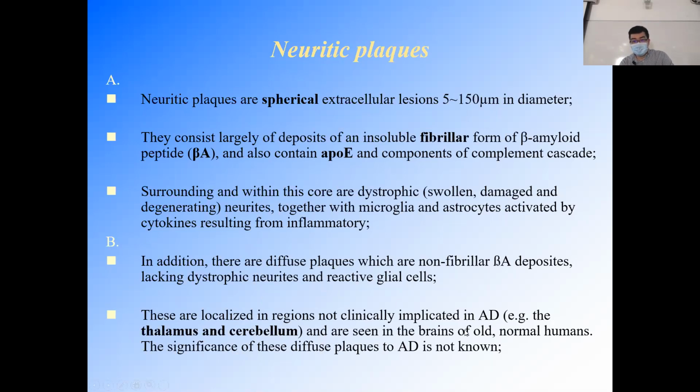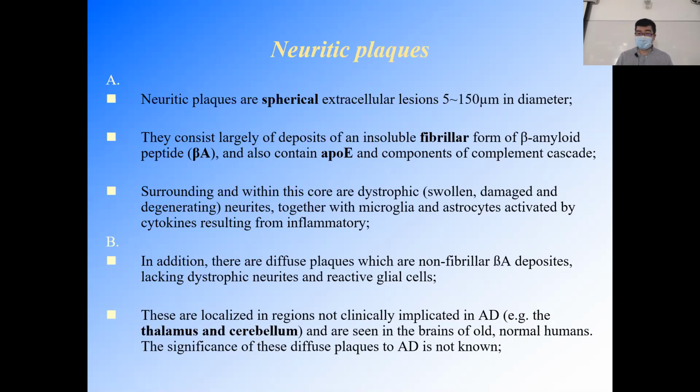So that gives the idea that when people get old, they will also have some diffuse plaques as well, but that is not enough to affect them. So whether it first starts with the diffuse plaque and then progresses to the insoluble fibrillar plaque, scientists are trying to determine.